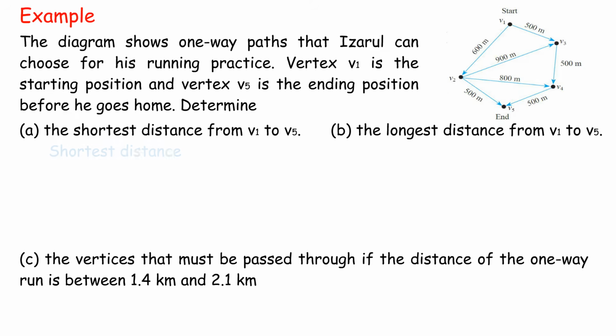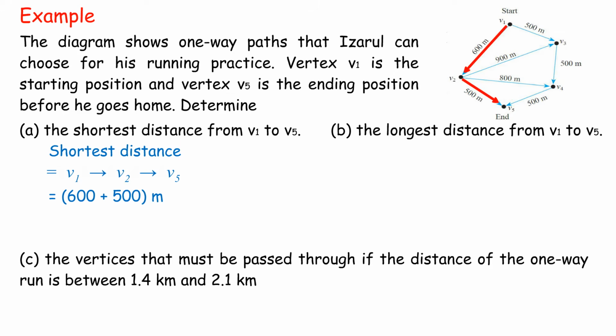Solution: A. Shortest distance equals V1 to V2 to V5 equals 600 plus 500 meters equals 1,100 meters equals 1.1 kilometers.